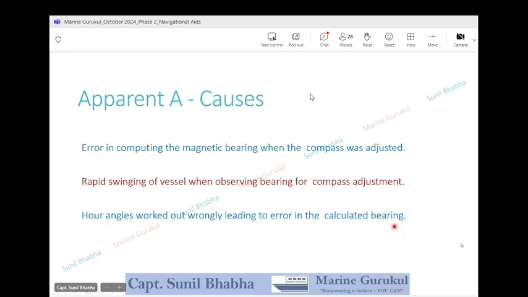We usually obtain the compass error by calculating the azimuth by the ABC method. So if the method has been worked out wrongly, it will lead to a wrong deviation being noted down. And if we use that wrong deviation, it will give us wrong bearings or wrong heading of the ship. So there could be many other reasons also. Any reason other than magnetism which leads to a constant error on all the headings falls under the category of apparent A.